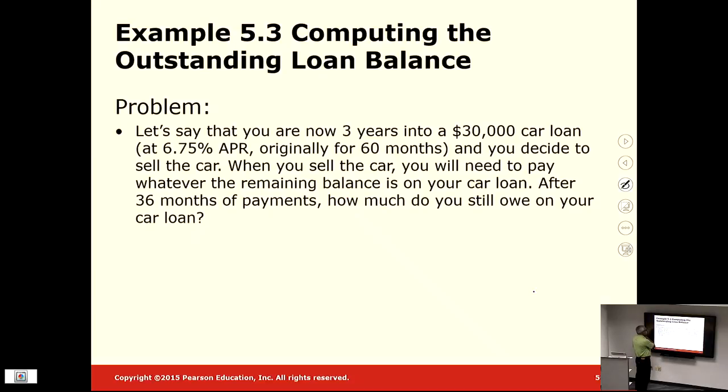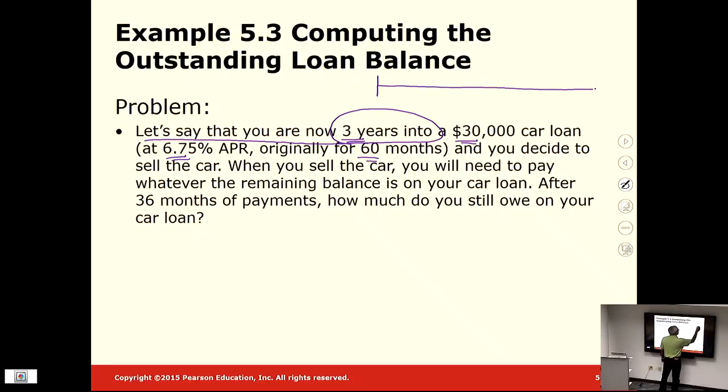So again, the same problem, a $30,000 car loan at 6.75 APR. The question now is, you are 3 years into this car loan that you had just taken. Initially it was a 60-month loan, a 5-year loan, but you are now 3 years into the loan.